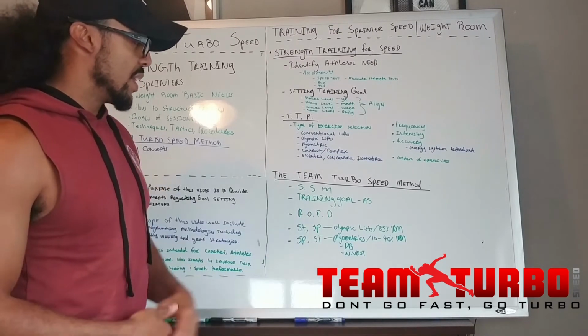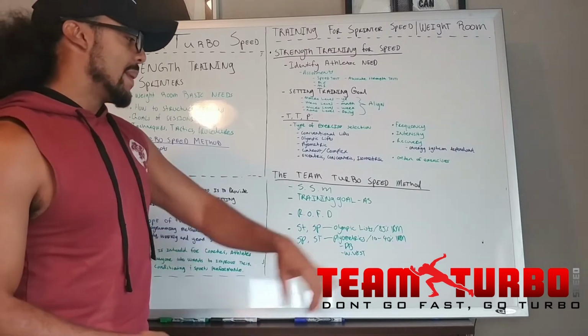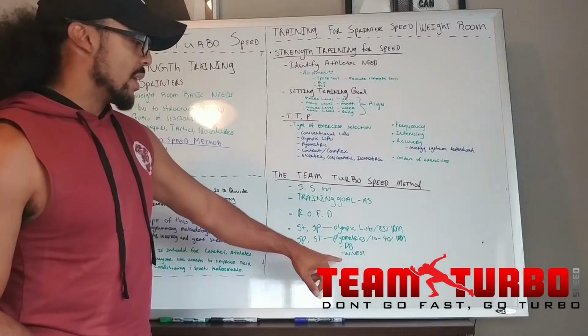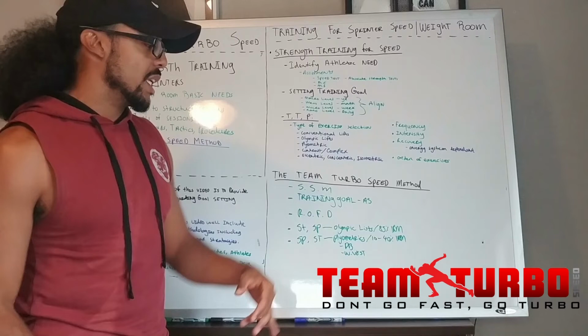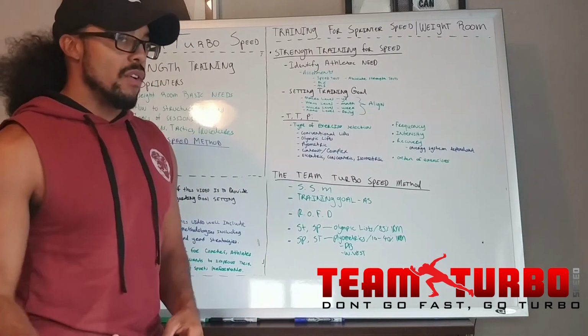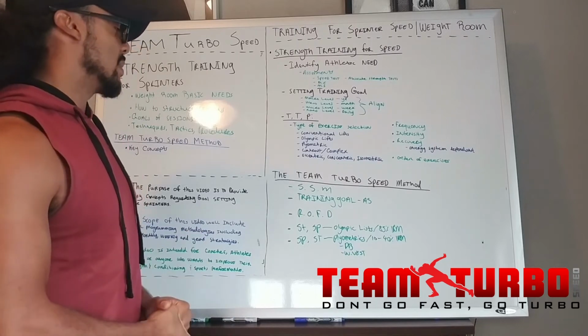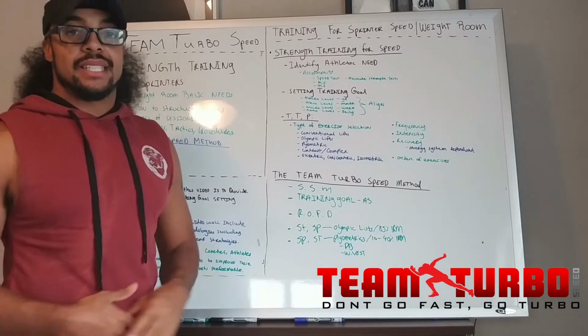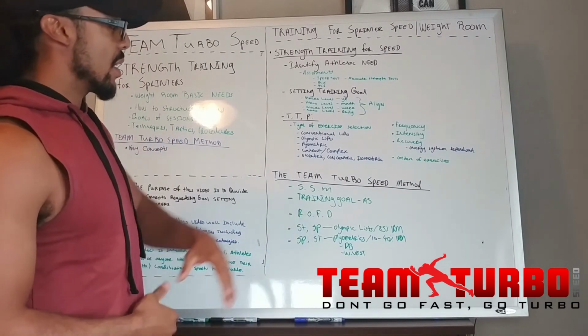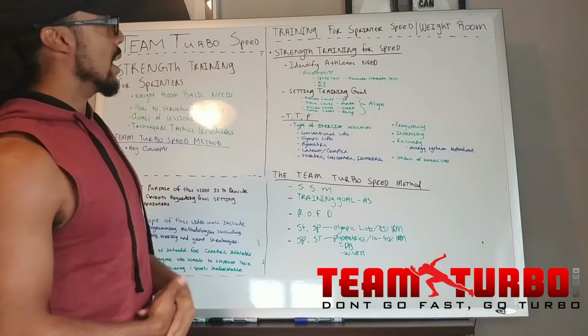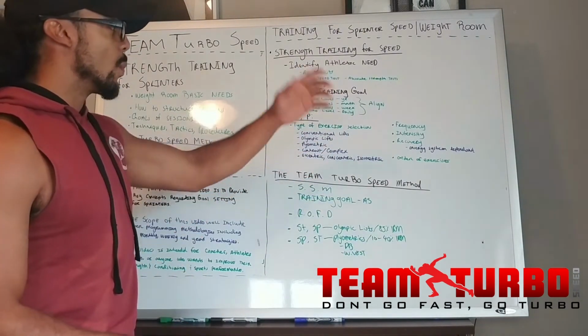So speed strength, you accomplish this through plyometrics. You can use dumbbells and or weighted vests, and you want to keep the loads anywhere between 10% of your 1 rep max to about 40% of your 1 rep max. So that does it. Team Turbo Speed method here of periodization and sprint training programming for the weight room.